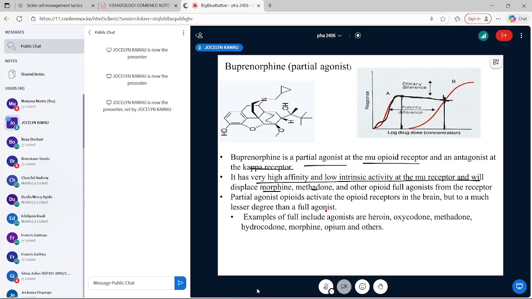Partial agonist opioids activate the opioid receptors in the brain, but to a much lesser degree than the full agonists. Examples, of course, of full agonists, we already have discussed them, and I believe you already know them. The oxycodones, the oxymorphones, all of those are full agonists.